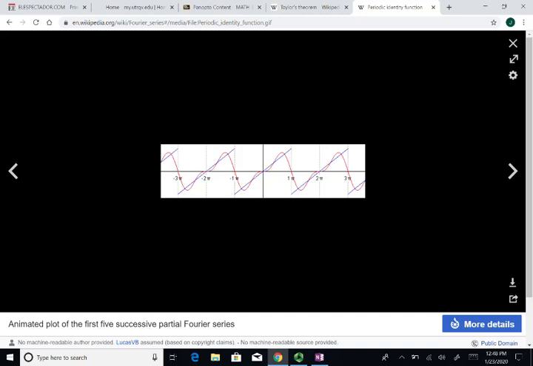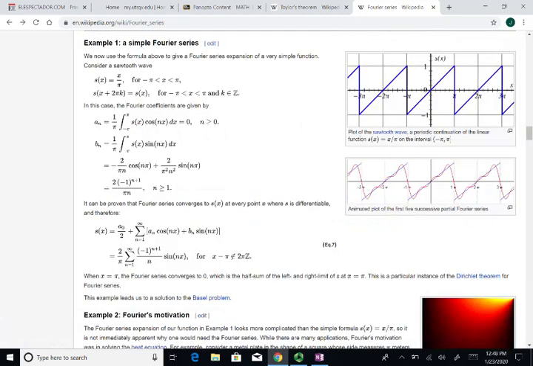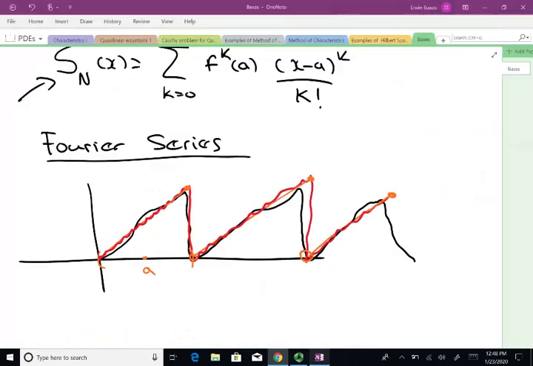My lines are not the same as the Wikipedia ones, but the idea is the same.